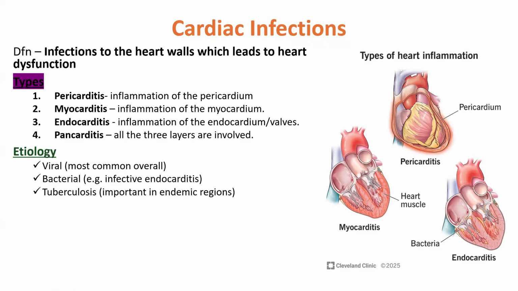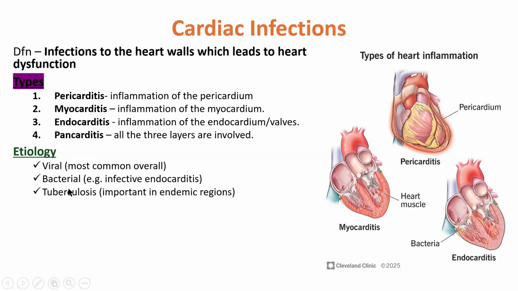These causative agents can be viruses, with viral being the most common. Then the other one is bacterial, and a good example is infective endocarditis. For infective endocarditis, we talk about staphylococcus and streptococcus, some of the bacteria that can really cause that.